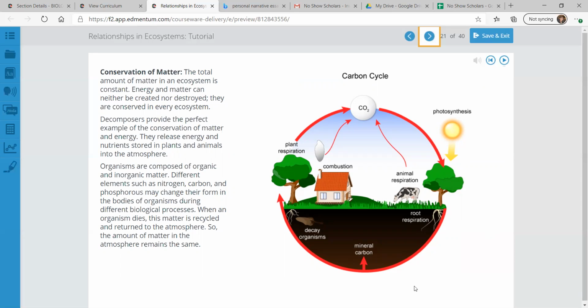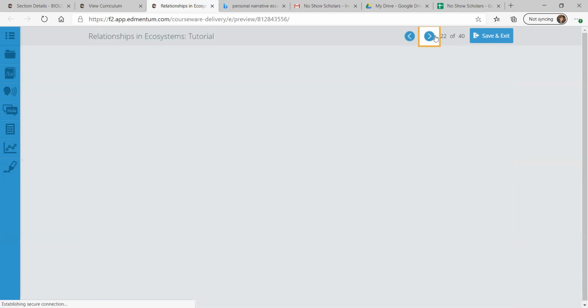And finally, when an organism dies, this matter is then recycled and returned to the atmosphere. So the amount of matter in the atmosphere remains the same. Here's the example of the carbon cycle.